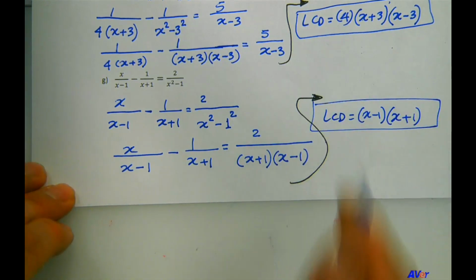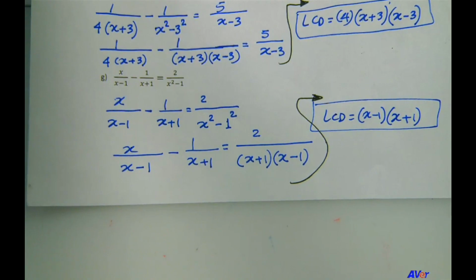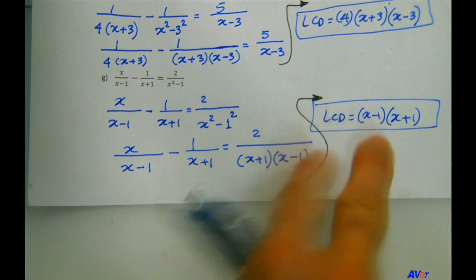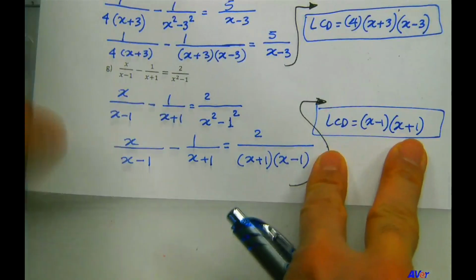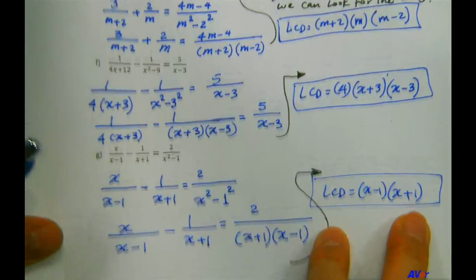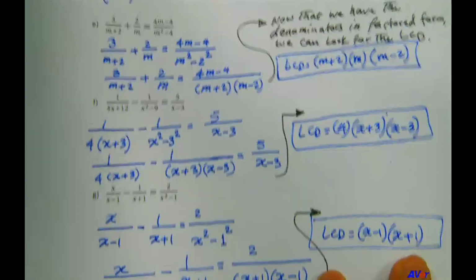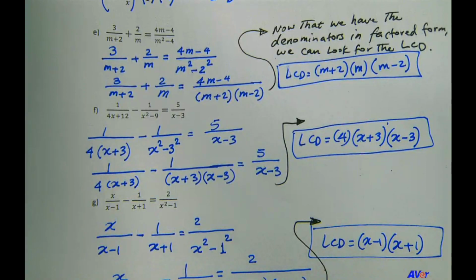Again, the LCD is very important because that is the term or combination of terms that you have to multiply both sides of a rational expression by to clear all fractions at once. Okay? All right.